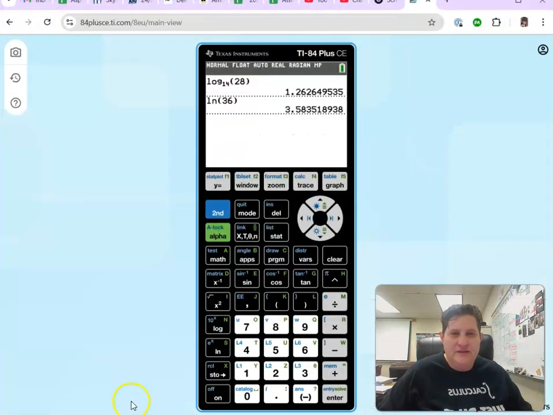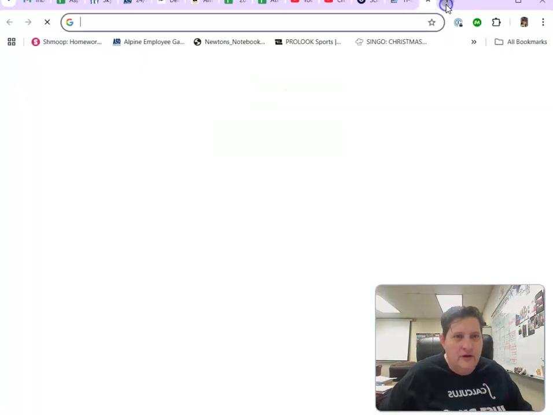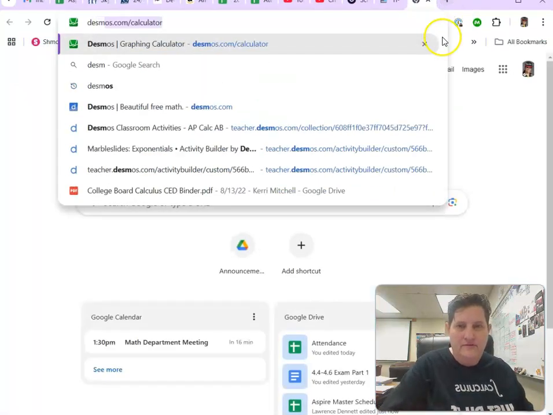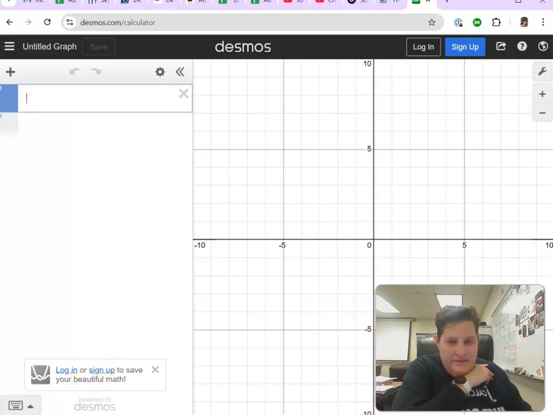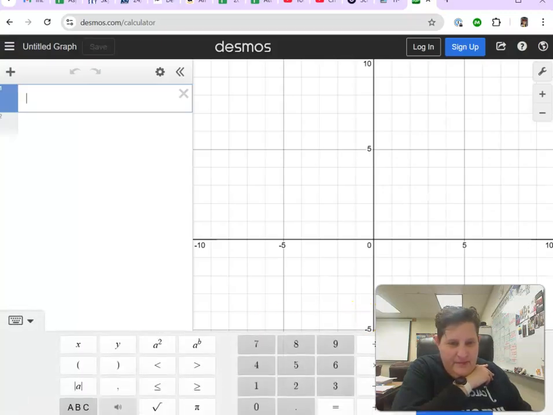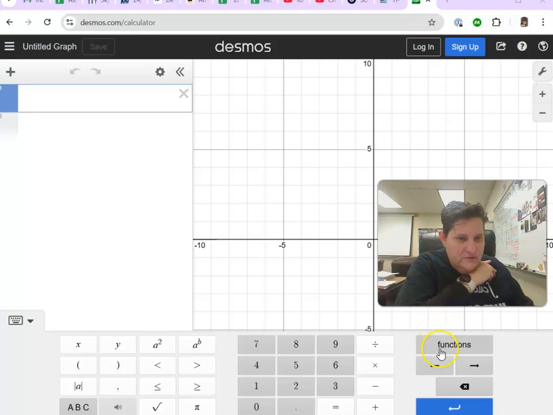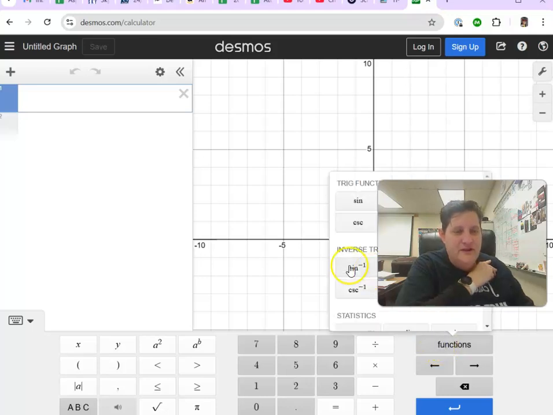All right. On Desmos, let me go ahead and show you where you would go for evaluating. Bring this keyboard up, and over here there's a thing that says functions. My face is in the way. So I hit functions, and you scroll down to where it says calculus.